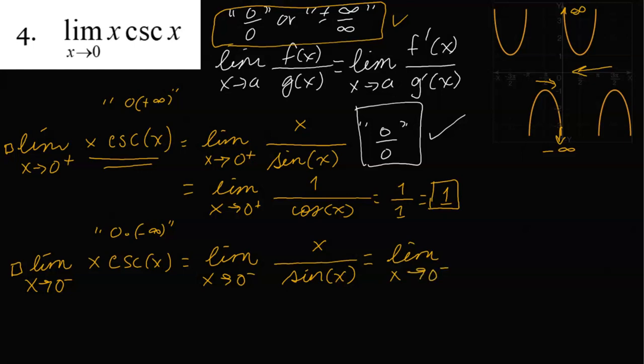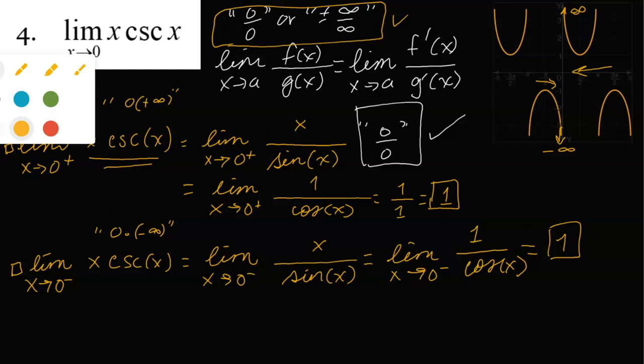So when approaching 0 from the left, I can take the derivative of the top, which is 1, and the derivative of the bottom, which is cosine, and we still have 1. Therefore, the left and right-hand limits are the same.